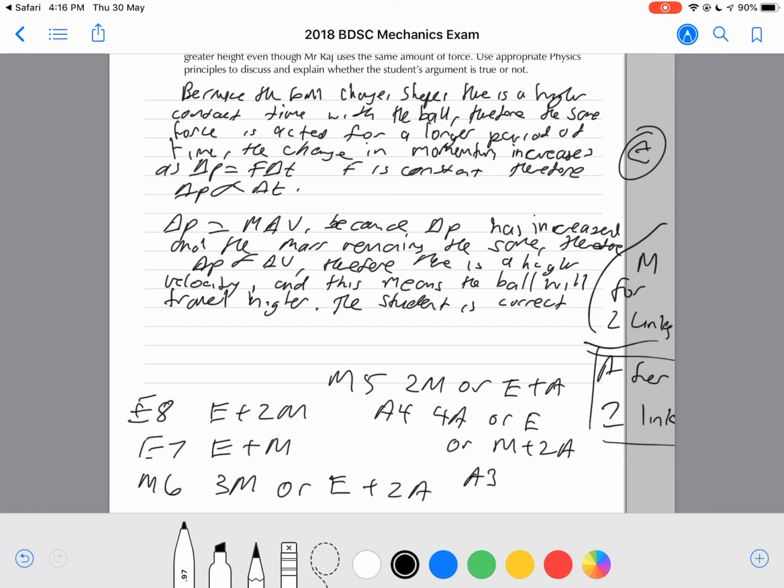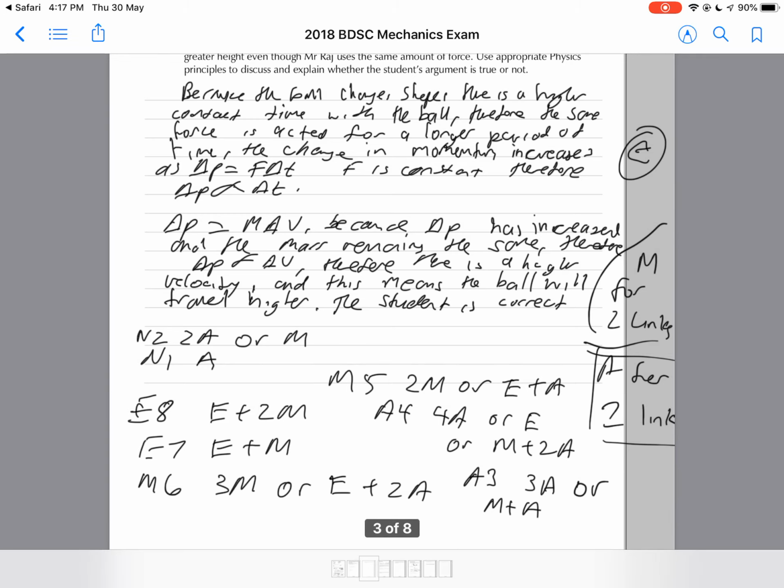A3, you're looking at 3 achieves, or 1 merit and 1 achieved. To get an N2, you're looking at 2 achieves, or 1 merit. N1, you're looking at an achieved. So basically that's the marking schedule for question 2.